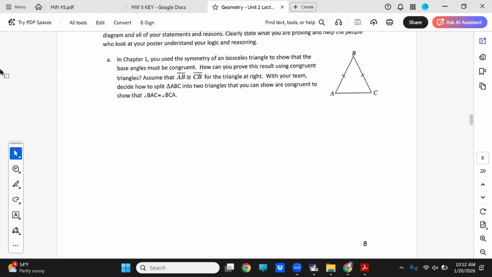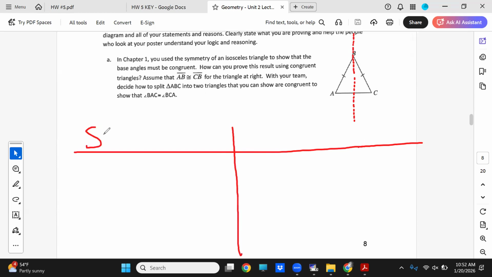All right. So what we're going to do is we're going to cut that, and we'll actually do a formal proof. It's kind of long, so I have enough space here. Statements and reasons.